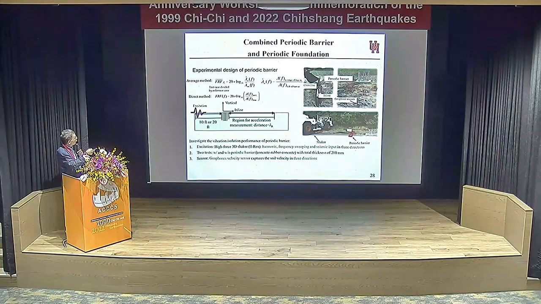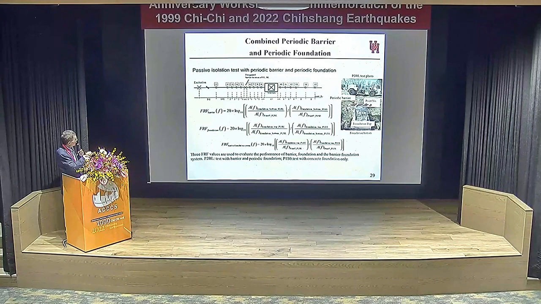This is how we find the FRF. As you can see, this is a metamaterial foundation supporting a steel frame. This is a metamaterial barrier. And the shaker is here. Barrier and foundation. This shows how we get the FRF.